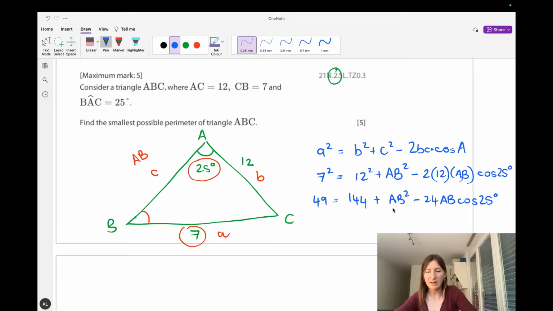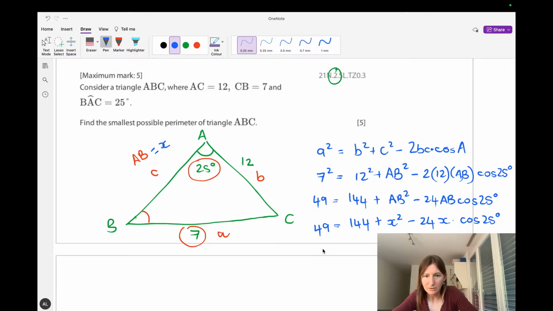Because I have to find AB, I think I'm going to call AB x actually, because I prefer having my equations in terms of x. Just makes it a bit easier to see. I don't know if anyone else has the same thing. Right, this is looking very much like a quadratic. I have x squared, I have x, and the rest of this is all just my constant.